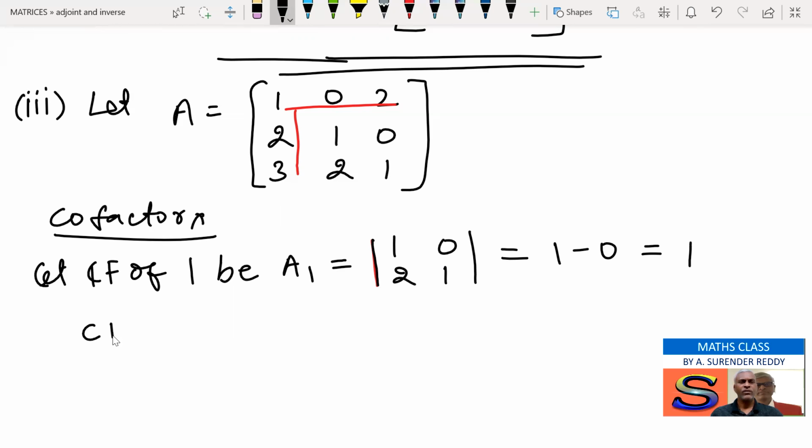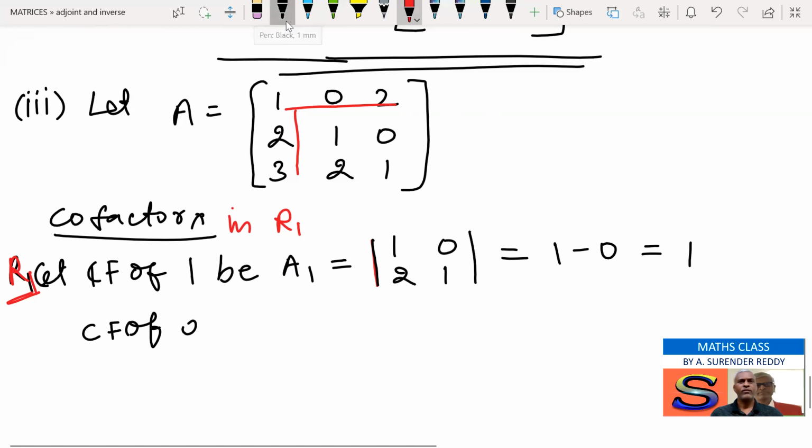Next, the cofactor of the second element 0. This is in R1; I am finding cofactors of the first row. Cofactor of 0, call it B1.